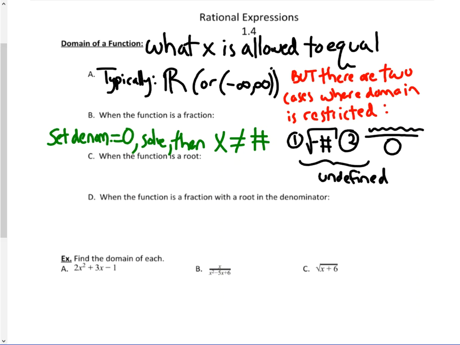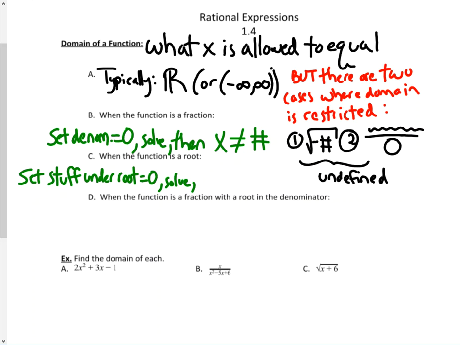All right, moving on. When the function is a root, then we're going to set the stuff under the root equal to 0, because we can't have a negative number, which are all the numbers past 0, and solve.